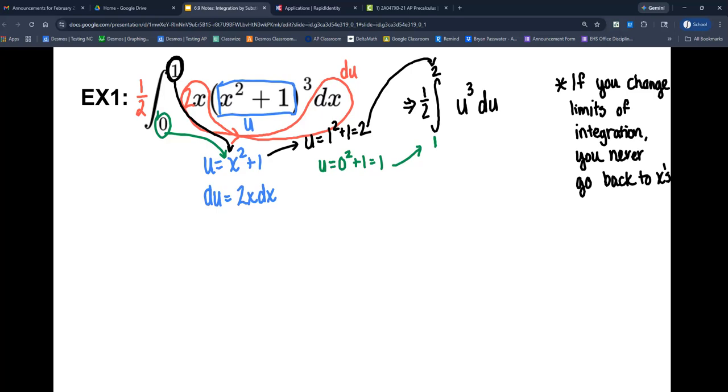All right, so all we have to do is integrate. Here, the 1/2 stays out front. I'm going to integrate, so I have u to the 4th power, and then I divide out front by the 1/4. And I don't put a plus c here. Instead, I've got my bracket with the 1 and the 2 telling me how to evaluate this one, because this one is a definite integral.